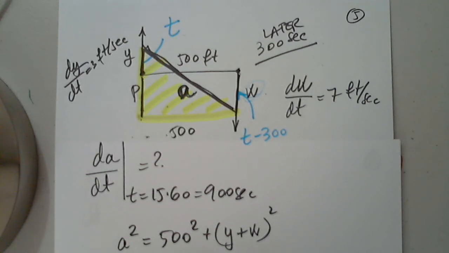So we have to add 15, which is 900, plus 300, because he already walked for 300 seconds.